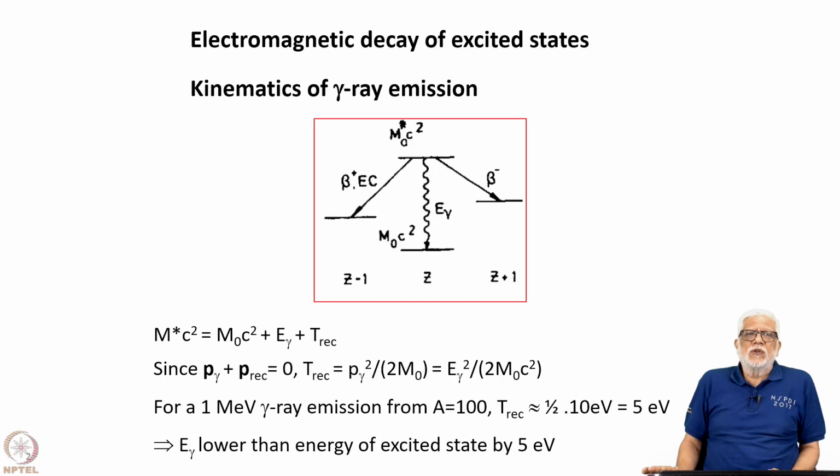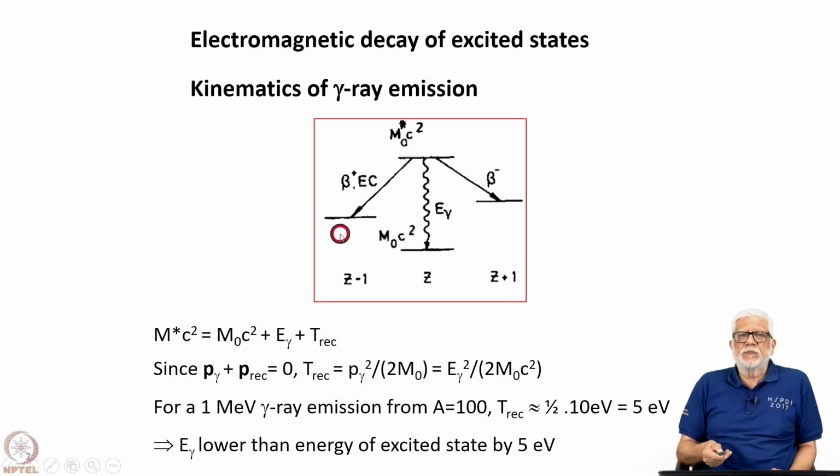Okay. So, for the electromagnetic decay of excited states, the kinematics is such that suppose you have a nucleus with a certain Z, and it is in an excited state. So, I could call m star c squared its mass, and m0 c squared its mass in the ground state, and then this of course can decay by beta minus or beta plus and so on.